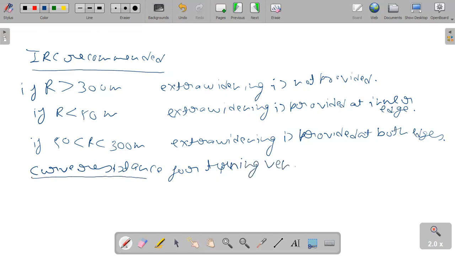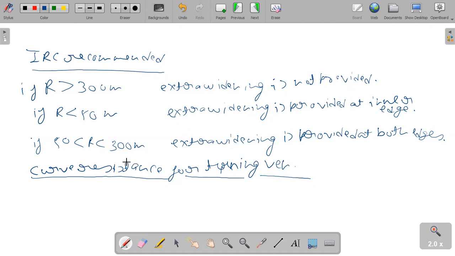When there is a loss of tractive force due to the turning of a vehicle on a horizontal curve, that is termed curve resistance.